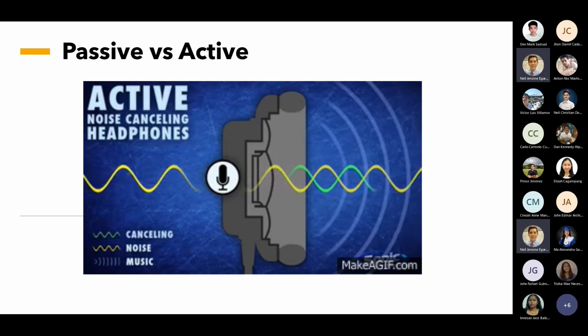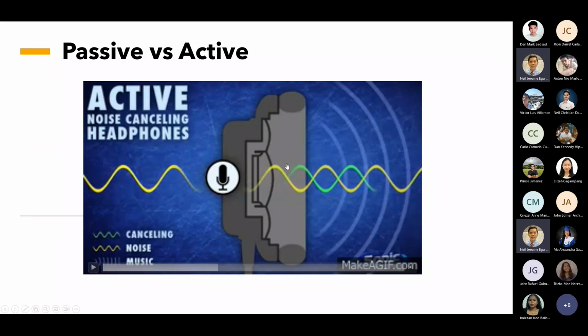Kasi may ginagawa yung headphone natin aside from just the padding providing us the desired acoustic experience, ano? So ang ginagawa ng active noise cancelling headphone, mini-measure niya yung noise so that makakapag-create siya ng green wave. Yung green wave na to, ito yung complete anti-phase ng incoming noise. Para kapag silang dalawa ay nag-superimpose, alright?